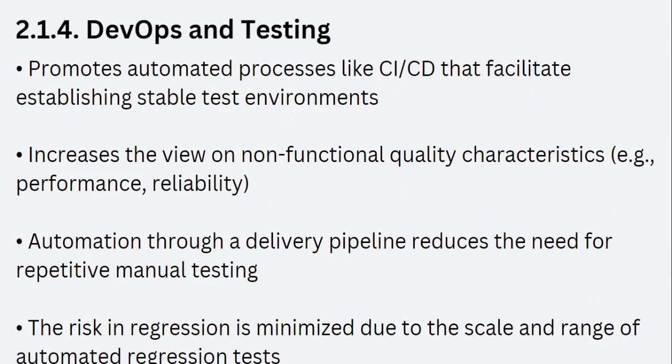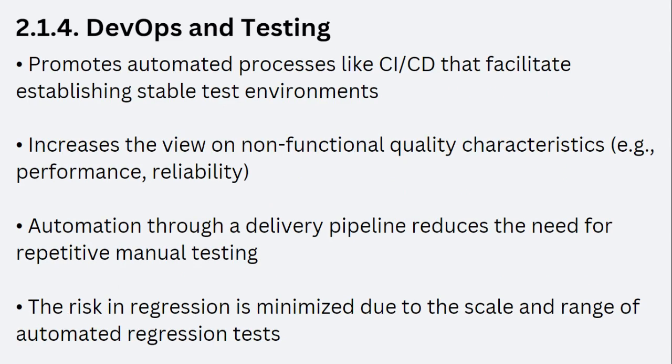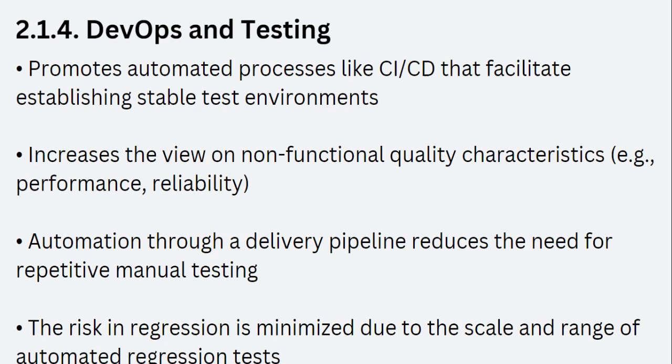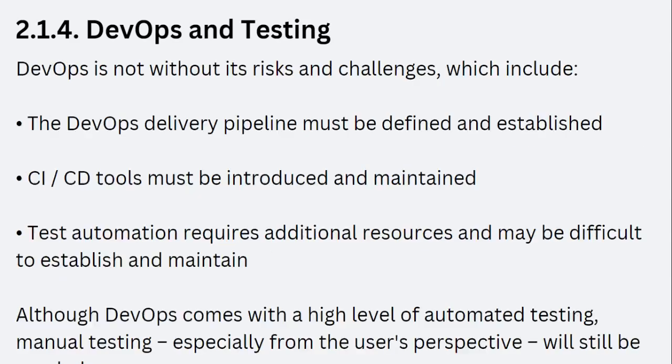It encourages automated processes like CI/CD, which help in setting up stable test environments. It broadens focus on non-functional quality aspects, for example performance and reliability. Automation in the delivery pipeline reduces the necessary repetitive manual testing and minimizes regression risks by employing a wide range of automated regression tests.